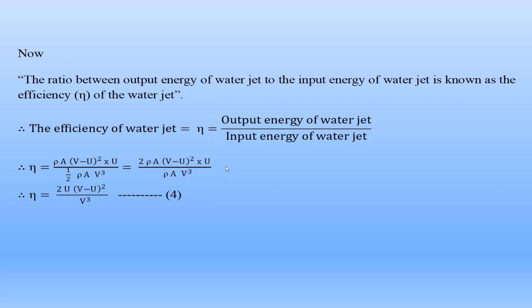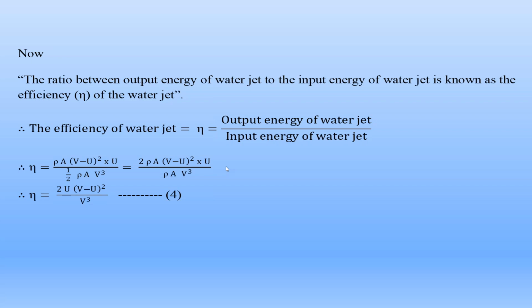If v is constant, according to equation 4, the efficiency nu depends on the absolute velocity u, the absolute velocity of the moving vertical flat plate.